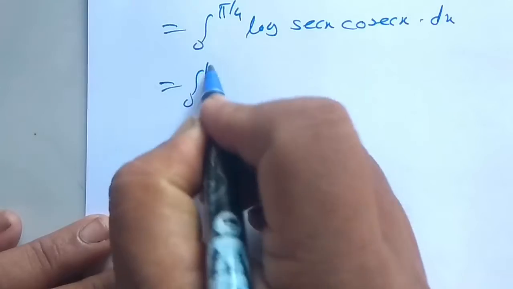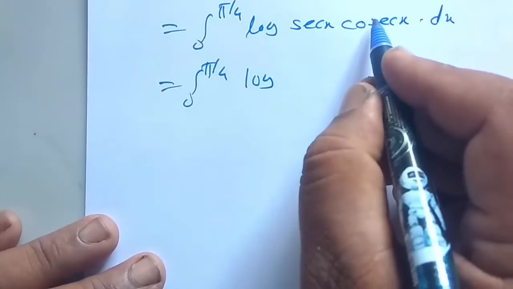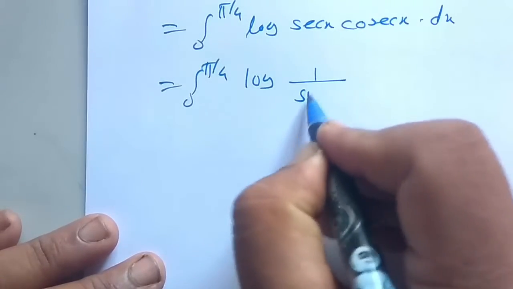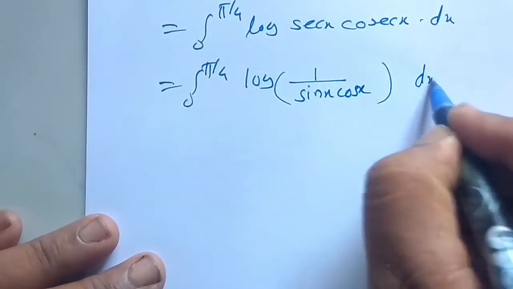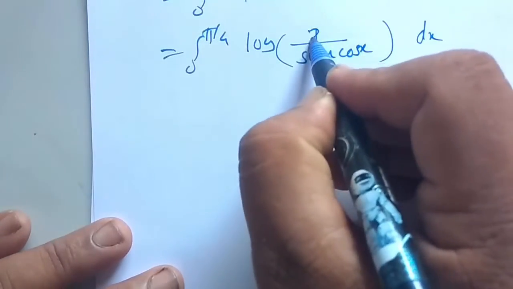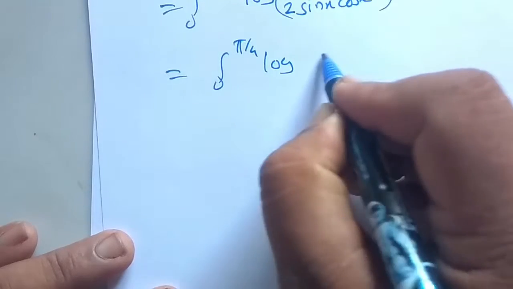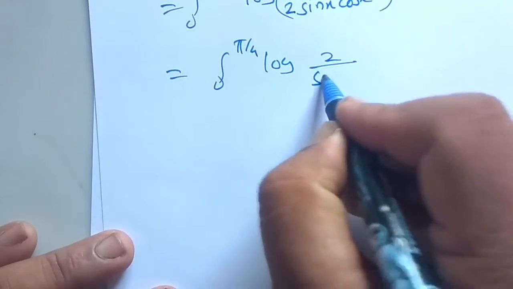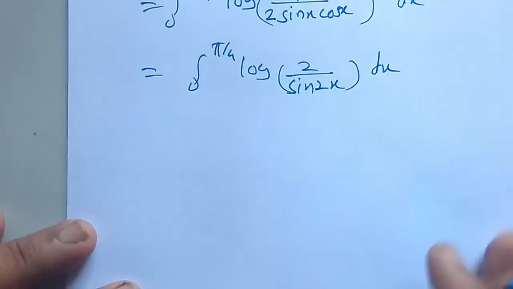It is equal to integral 0 to pi by 4 log of, sec means 1 upon cos, cosec means 1 upon sin, so 1 upon sin x into cos x dx. Now I multiply by 2 and divide by 2, and therefore integral 0 to pi by 4 log of 2 upon 2 times sin x into cos x, half angle formula, sin of 2x dx.